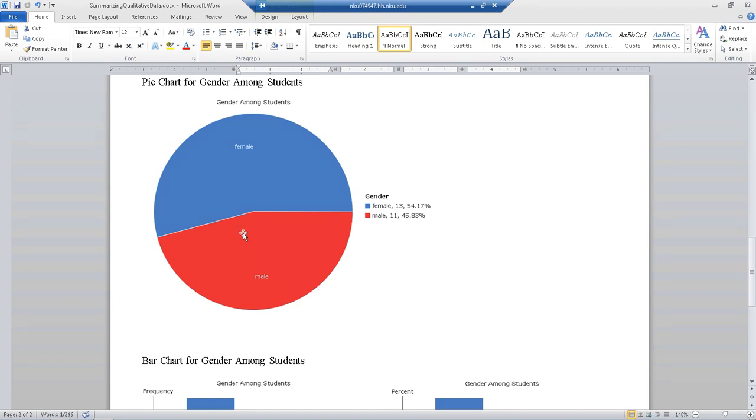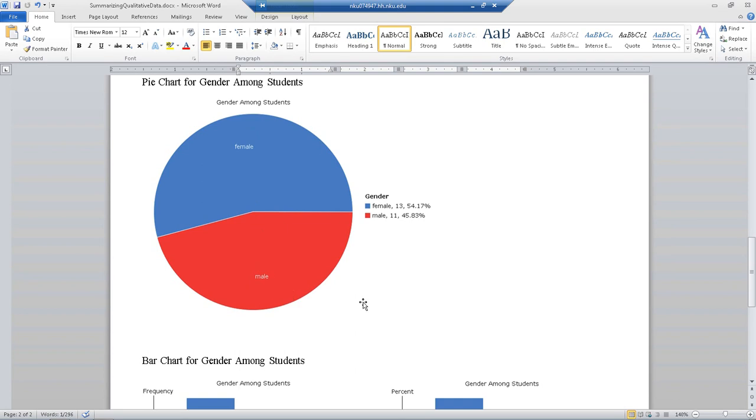In this, we can glance real quick, see that the blue or the female category is the more dominant out of the two. And then even if we didn't have the numbers over here, we could still say that females were more common than males in a very quick glance.